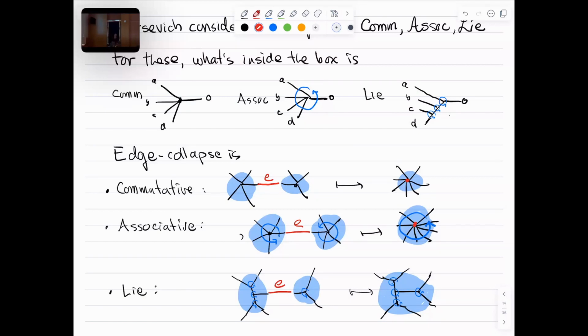And for the Lie case, well, I have these two little trivalent trees. I just have an edge. I just stick them together and get a bigger trivalent tree. So that's what edge collapse is. And that allows me to make these decorated graphs into a complex.